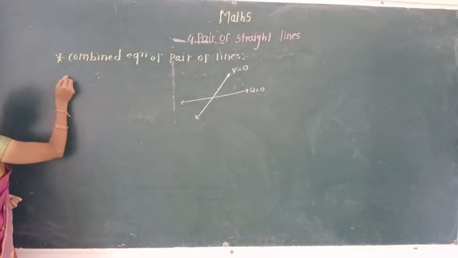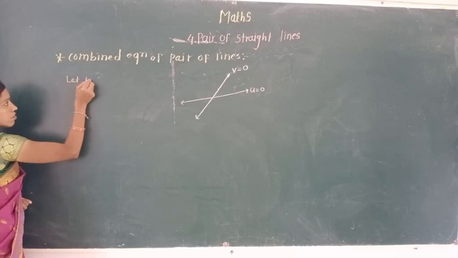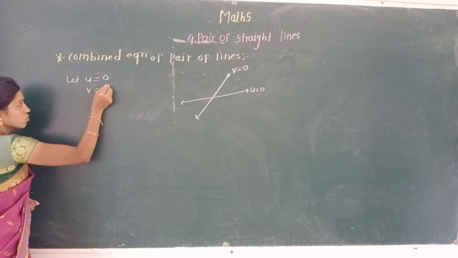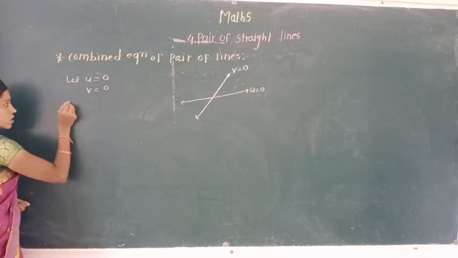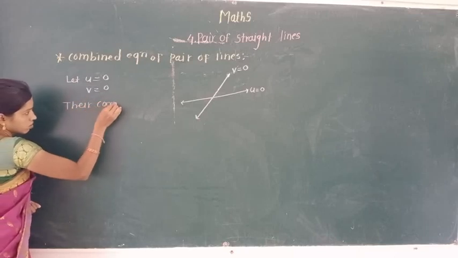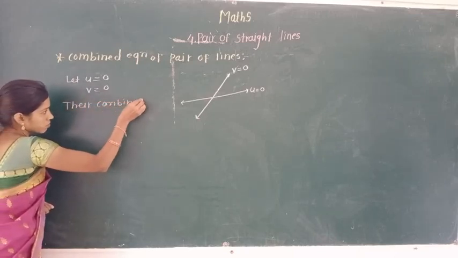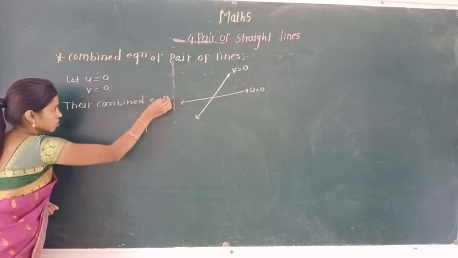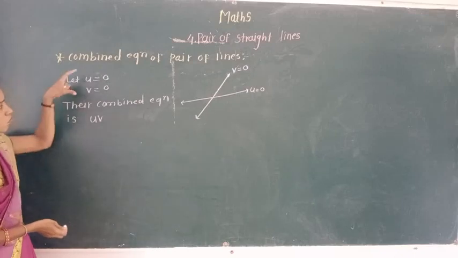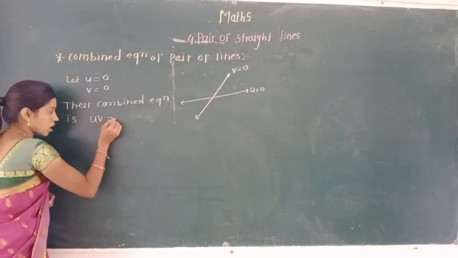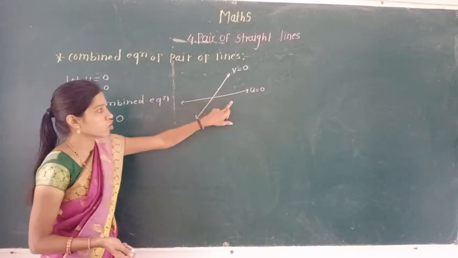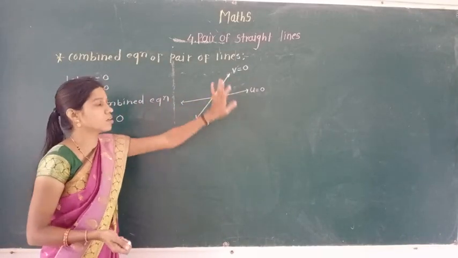Suppose the first line is u equal to 0 and the second line is v equal to 0. The combined equation is u into v. Take the product of these two equations, and this product uv is equal to 0 is the combined equation of the two lines u equal to 0 and v equal to 0.